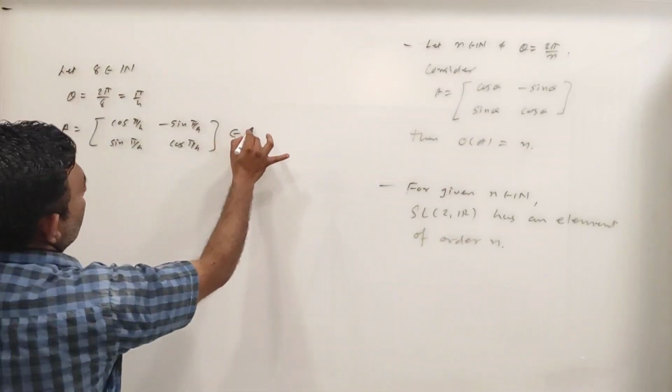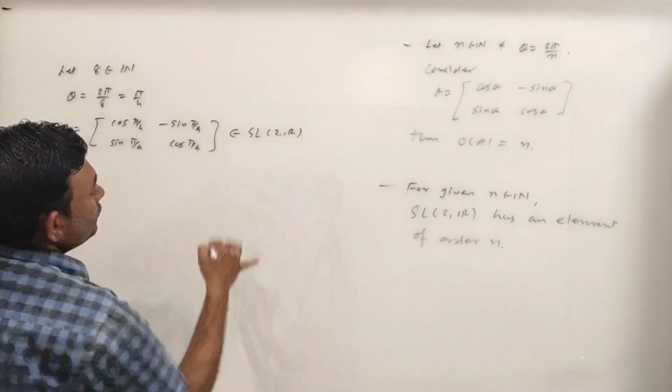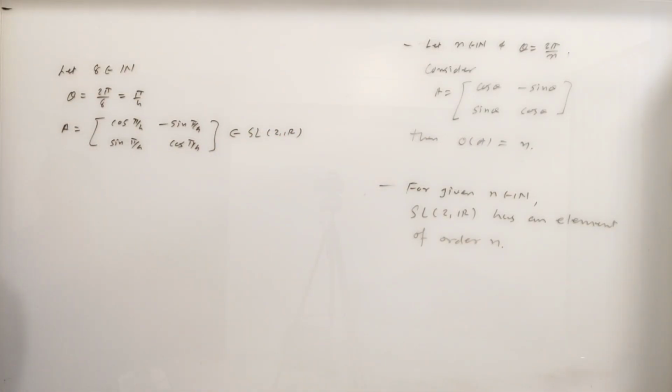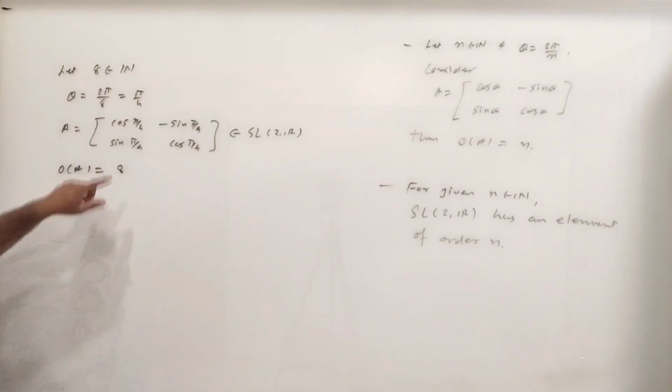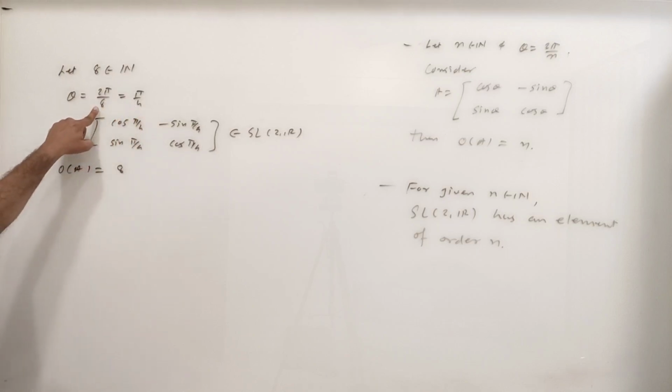So this will be an element of SL2R. Now the order of A will be 8. It is pi by 4, but its order will be 8, right? So the order of A is 8.